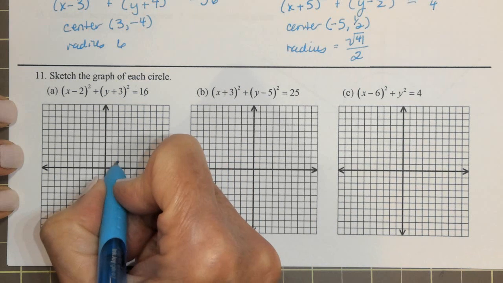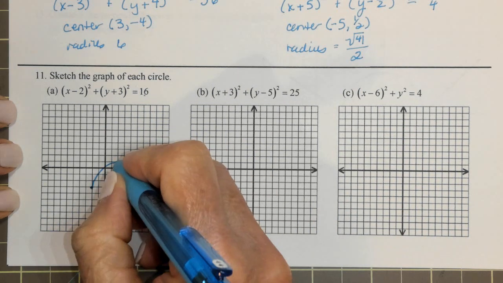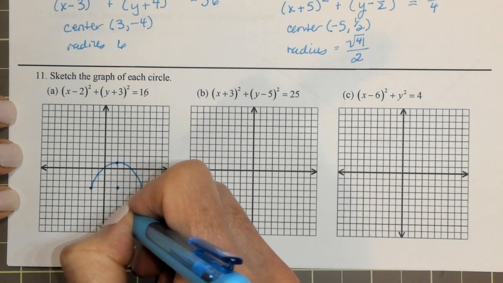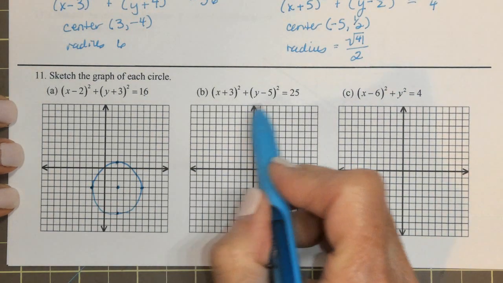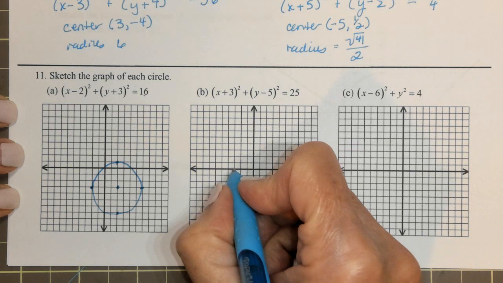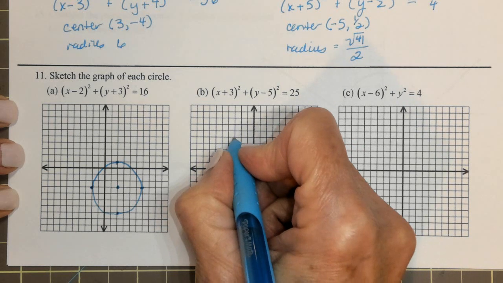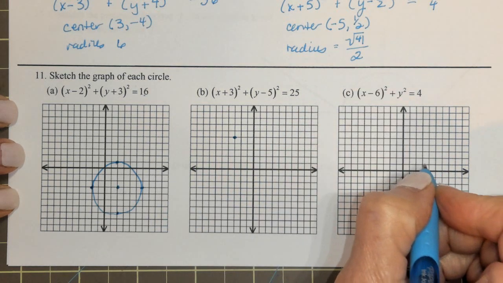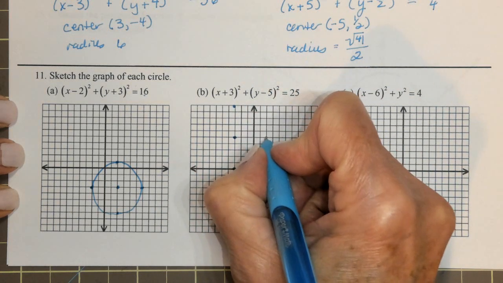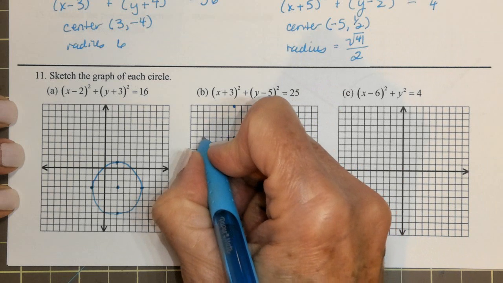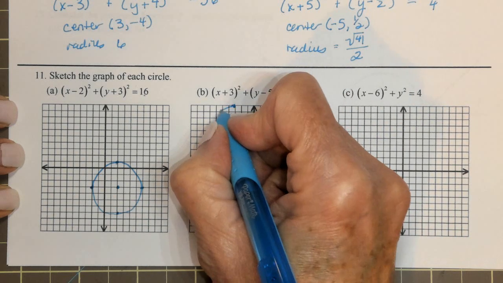And then draw a circle as best you can. Okay. The center would be negative 3, positive 5. And then we draw the circle.